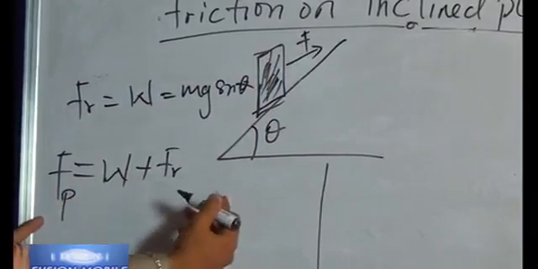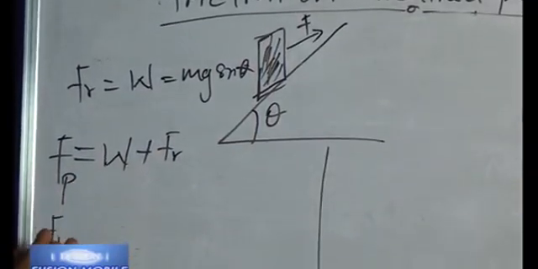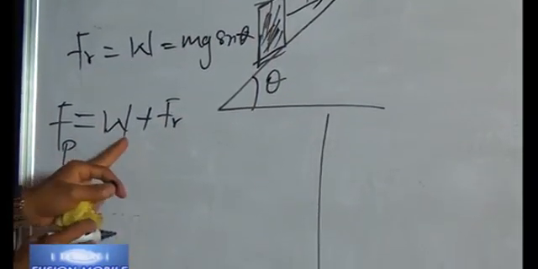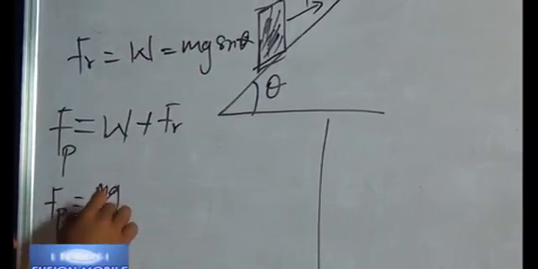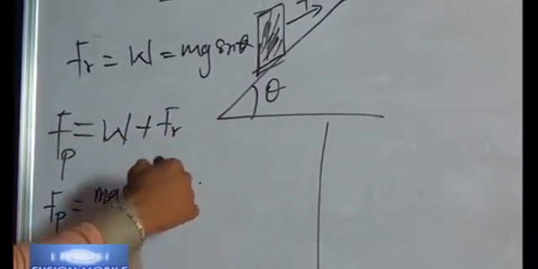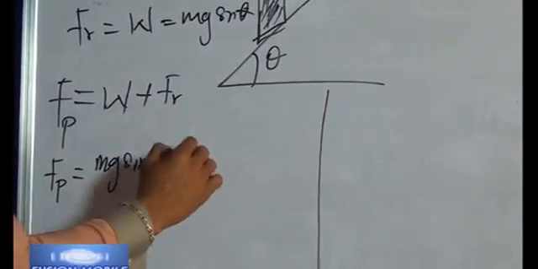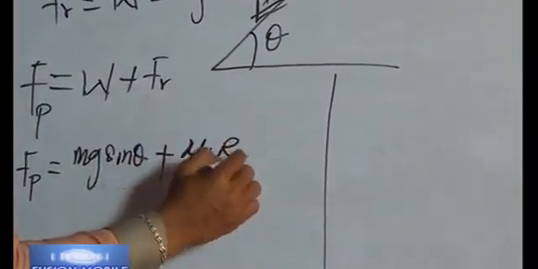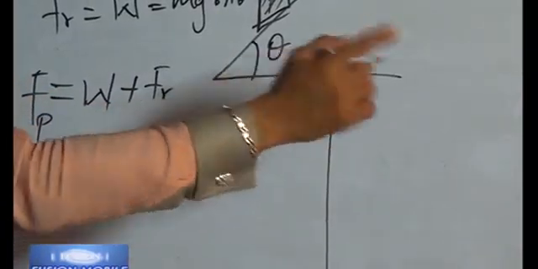Bringing this into mathematics, we'll say that pushing force, Fp, is equal to weight, which is mg sine theta, plus frictional force. From the other formula that I gave you, we'll say that frictional force is mu times normal reaction, which is mu R. But I told you that R is the horizontal component, which is mg cos theta.